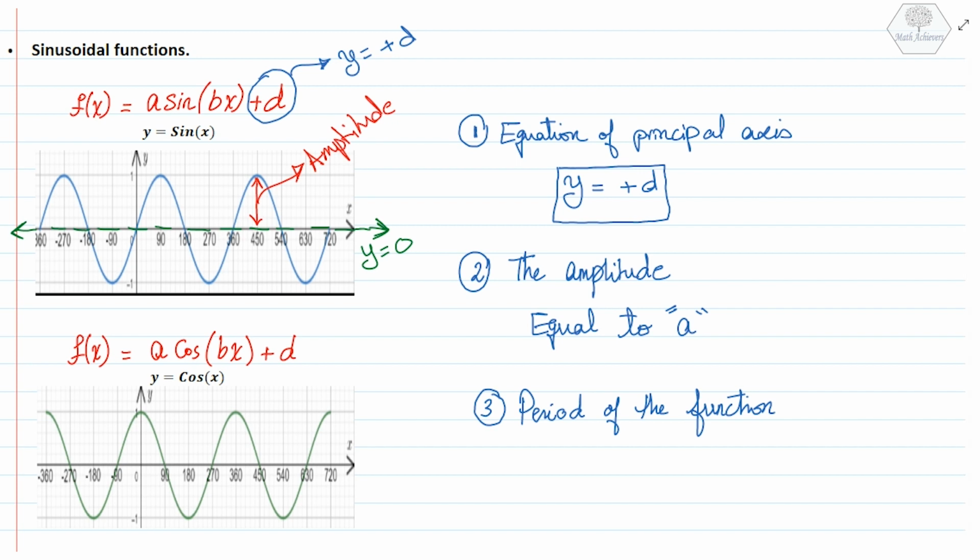So in our case, this function completes one full rotation from this point to this point in x. So here the period is equal to 360. From 0 to 360, the function completes one full rotation.